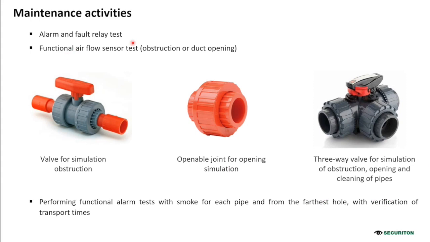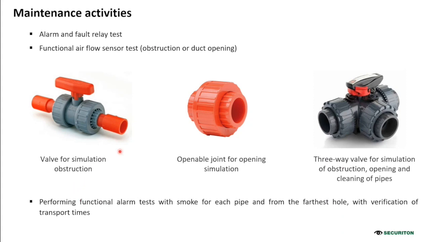Yeah, alarm and the relay fault test. Yes, we talked about that. Functional airflow sensor tests. The airflow sensor needs to be checked to see if it works properly. To do that, you need to create an obstruction, and you need to create an open pipe, and check if the airflow value changes.